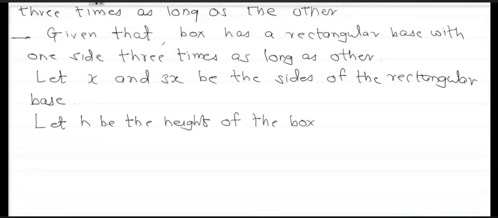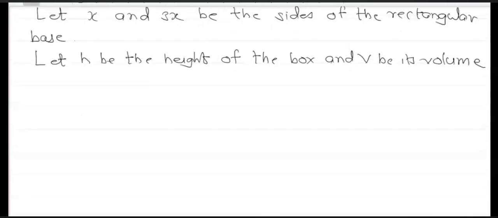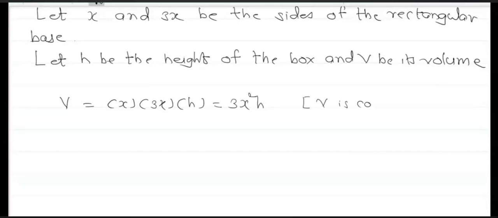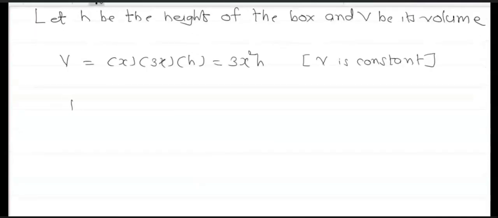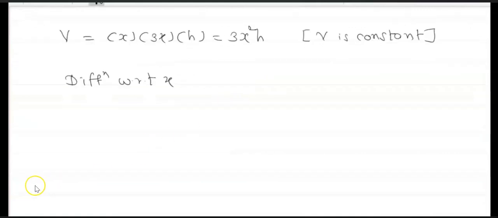Let h be the height of the box, and V be its volume. Therefore, the volume is L into B into H, or area of the base into height. That is, the area of the base is x into 3x, and the height is h. That is, V is equal to 3x square into h.